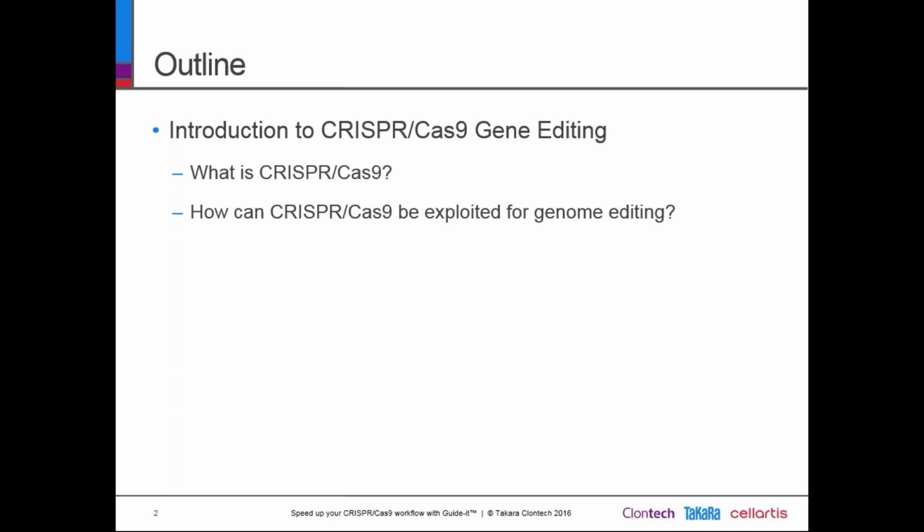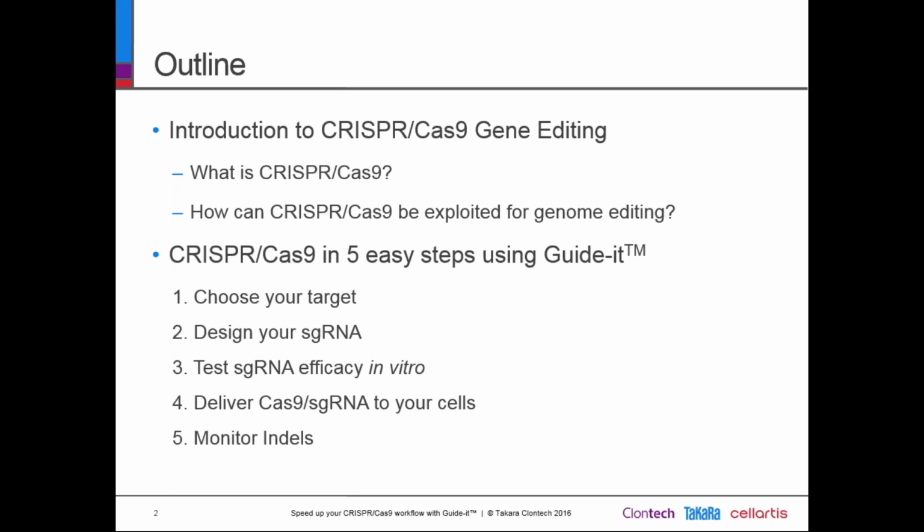So today's talk will be divided into two parts. In the first part, I would like to give you a brief introduction about CRISPR-Cas gene editing. So we will see a bit the history of CRISPR-Cas, what it is, and how it can be exploited for genome editing. And then the second part will be a bit more practical, and I would like together with you to discuss a typical CRISPR-Cas workflow that I split into 5 steps.